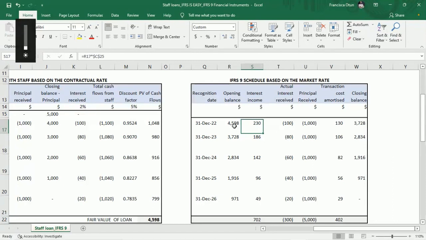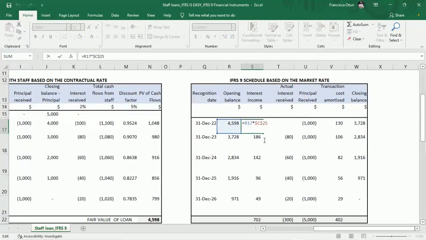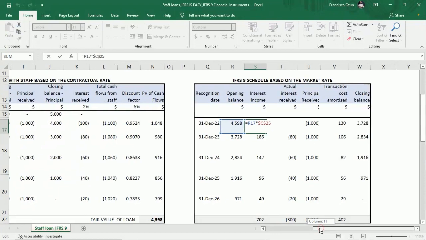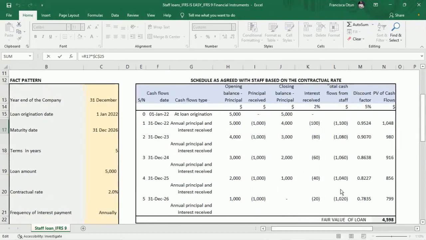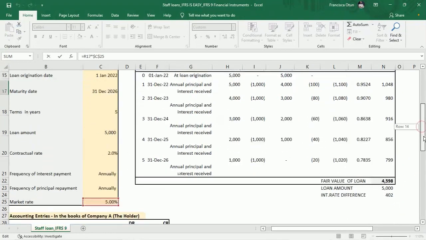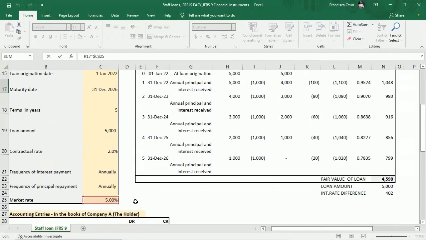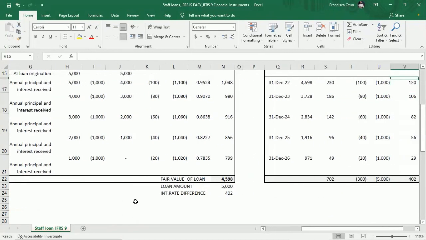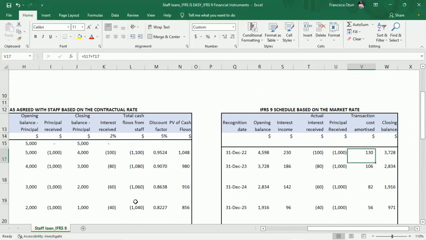If you look at this now, let's look at the formula. So you see that the interest income is saying take the opening balance and multiply it by what? Yes, you guessed right. Multiply it by the market rate. Why? Because what IFRS 9 cares about is the market rate. That's what we are concerned about.